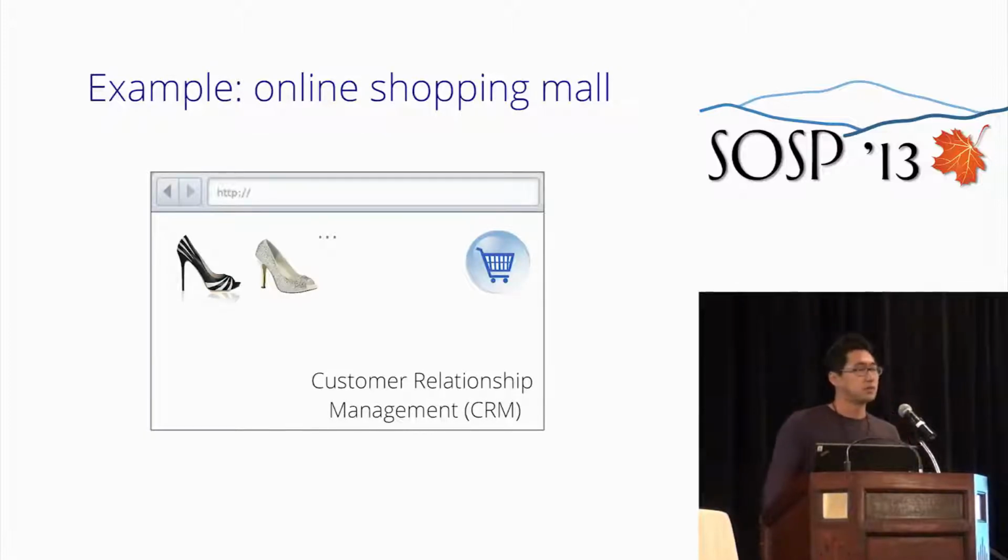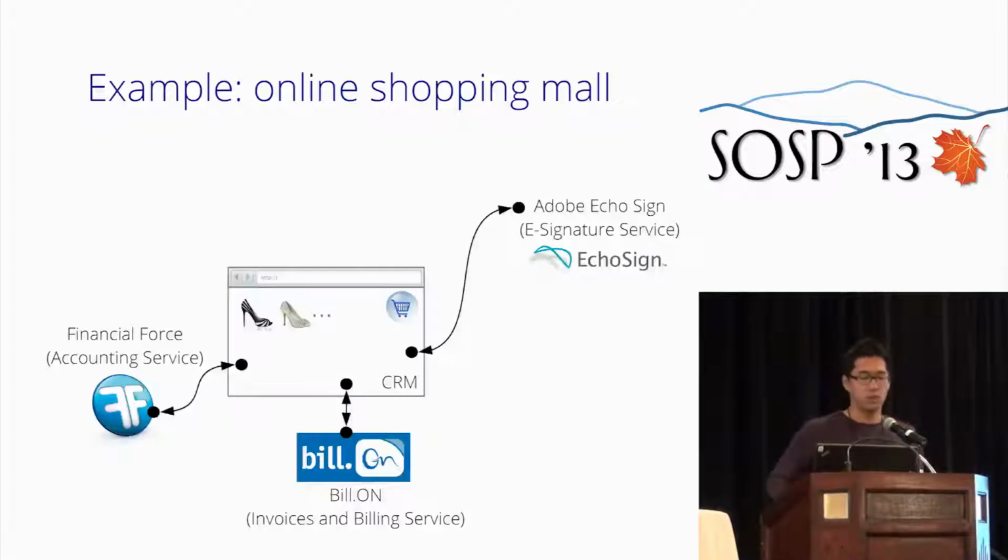As one example, say we are running an online shopping mall. Because we don't want to develop everything from scratch, we integrate our online shopping mall with existing websites, such as Financial Force for accounting service and Bill On service for invoice and billing services, and similarly for e-signature.